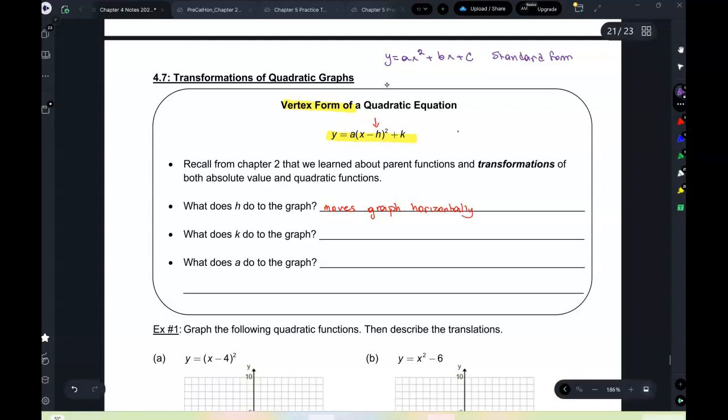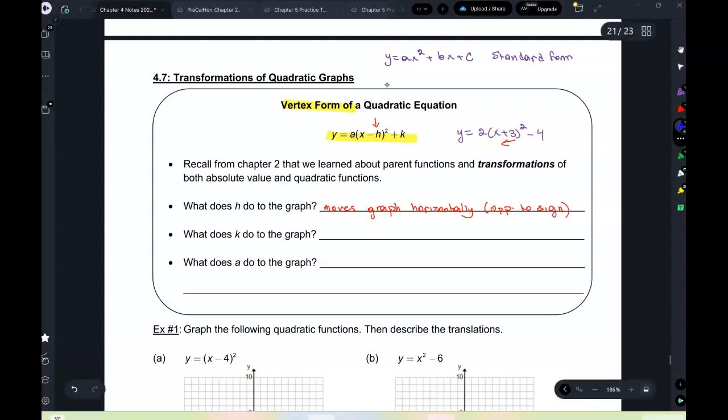So remember, if I have something like y equals 2(x plus 3) squared minus 4, let's say, if it's x plus 3, it moves in the opposite direction, to the negative side, right? So that h moves the graph horizontally, and you go opposite to the sign.